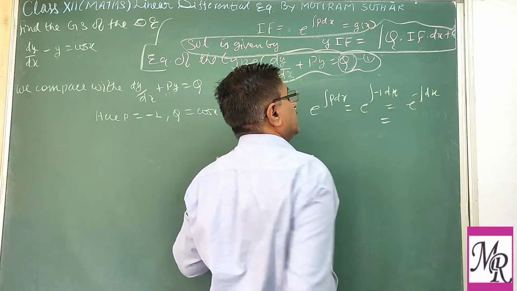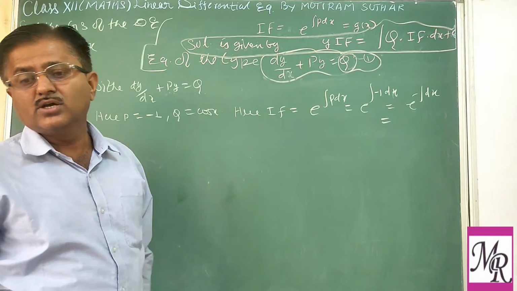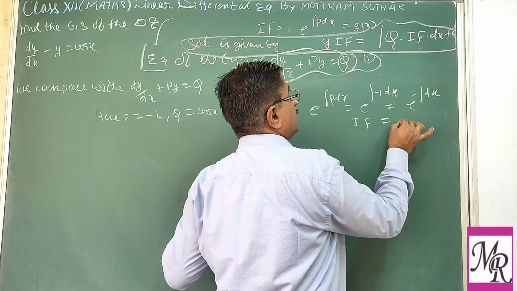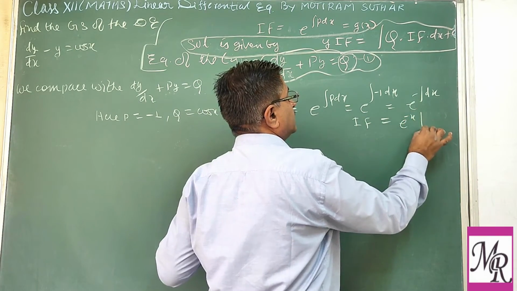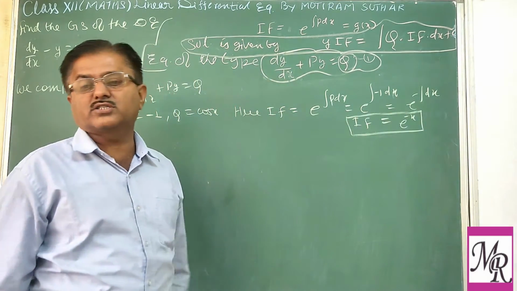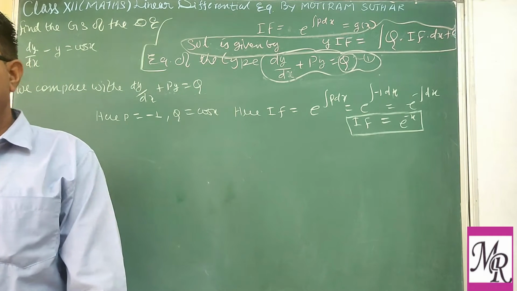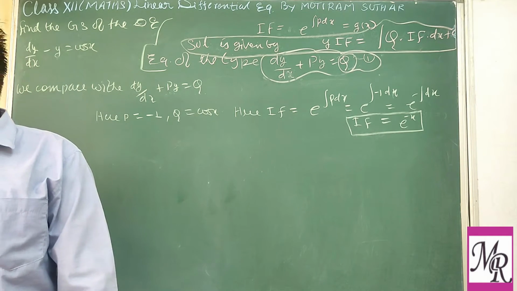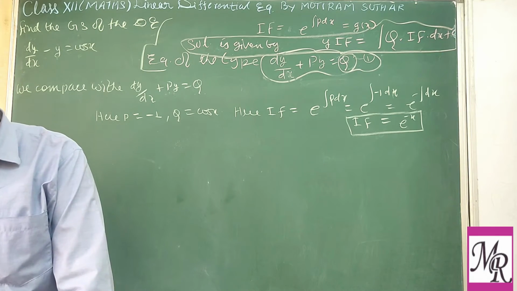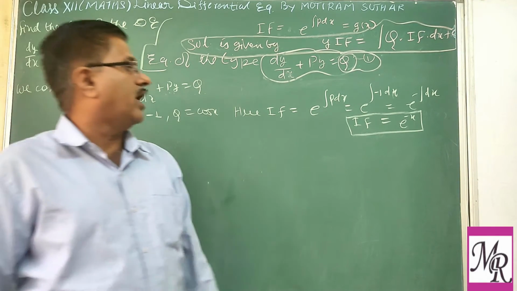And we know that integration of dx is x. So the integrating factor IF is equal to e power minus x. In the integrating factor we do not take the constant. Clear? We are eliminating the constant, since without the constant we can write the derivative. So the integrating factor is e power minus x.